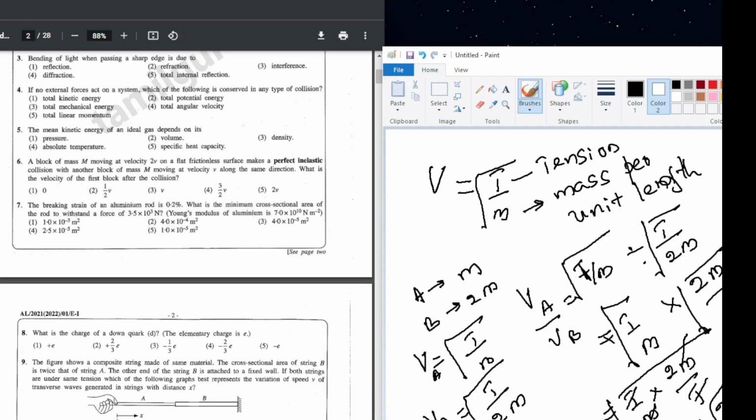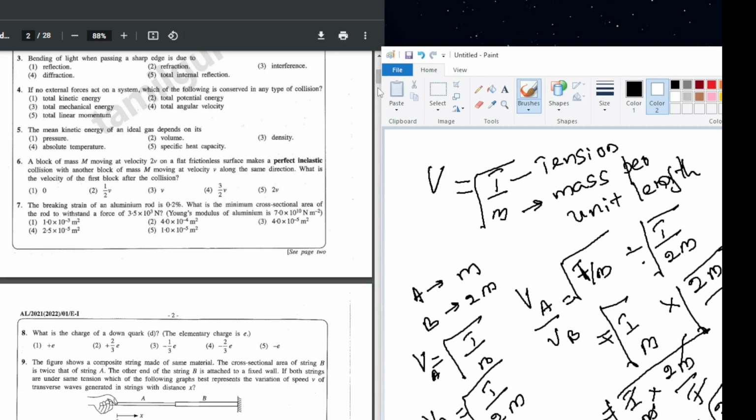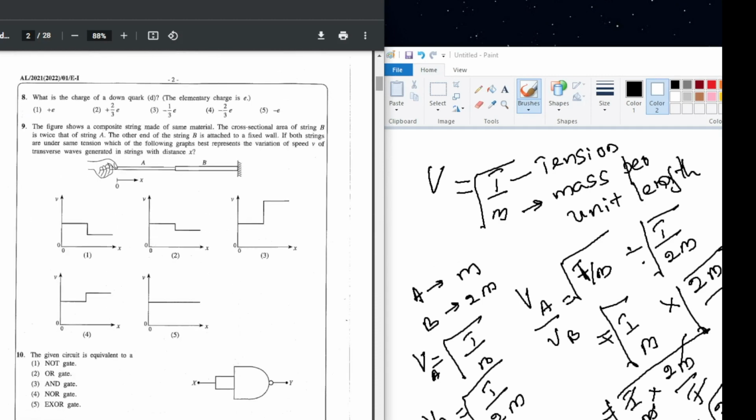So VB is 0.7 times of VA. Now think, look at the answers given. VB is 0.7 times of VA. That is VB is smaller than VA.